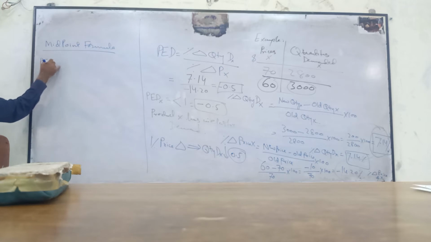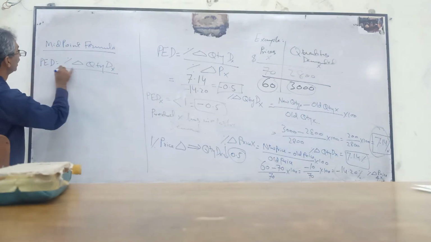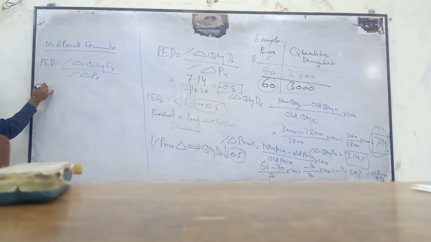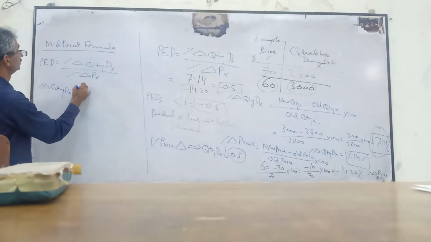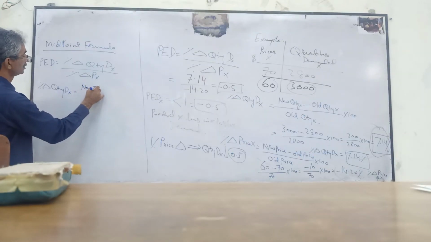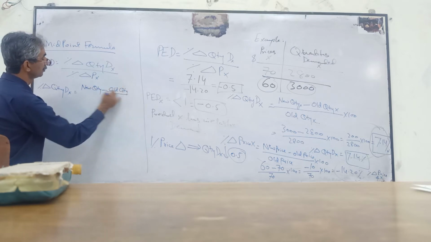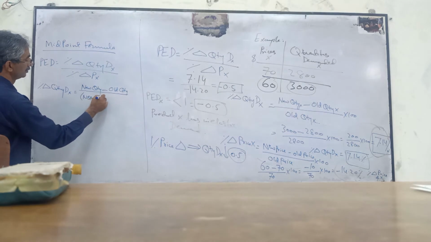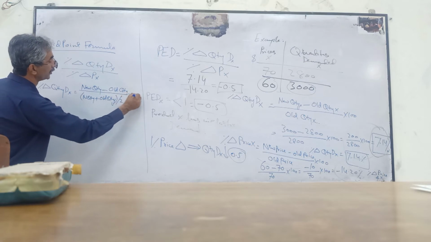Price elasticity of demand. The formula is the percentage change in quantity demanded of X divided by the percentage change in price of X. So first we need to calculate the percentage change in quantity demanded of X. The formula is the new quantity minus old quantity, divided by the new quantity plus old quantity over 2, into 100.